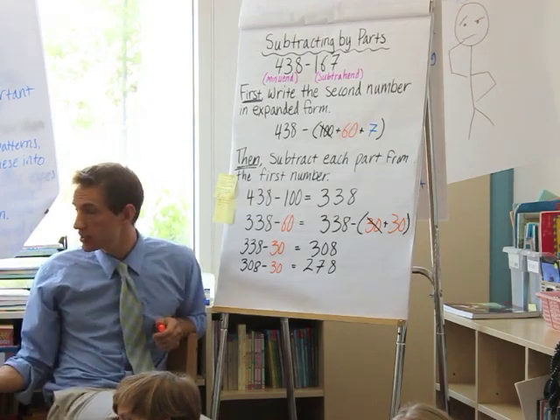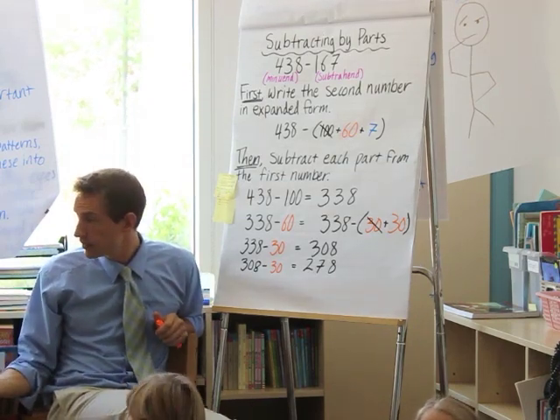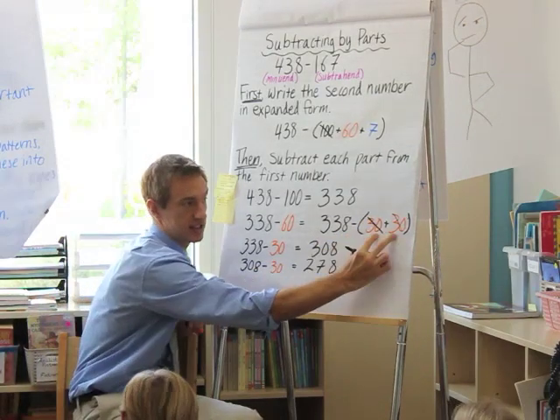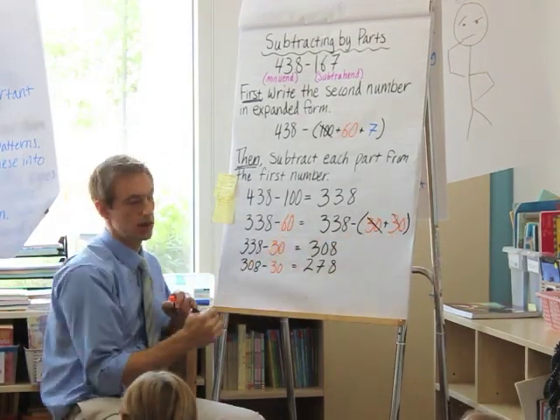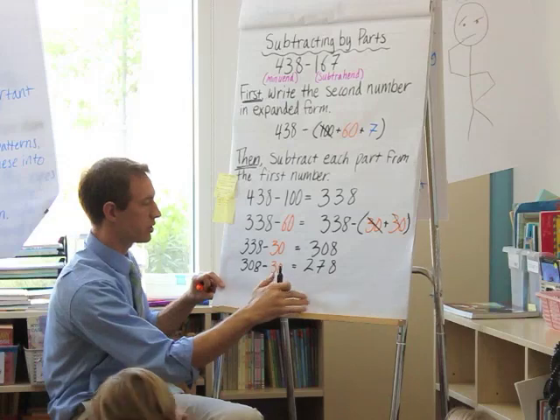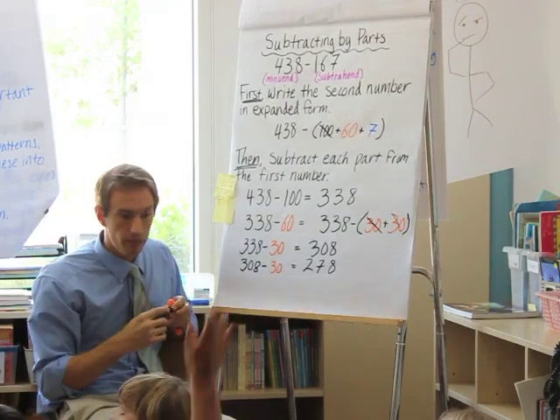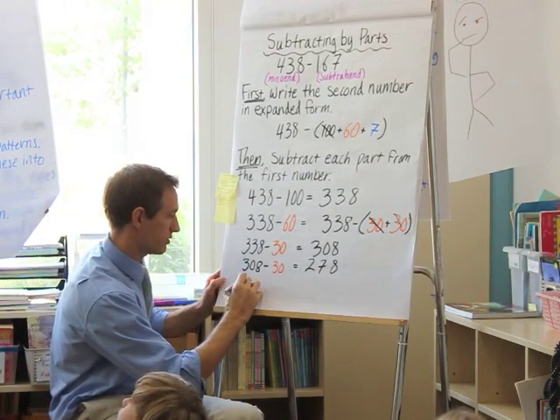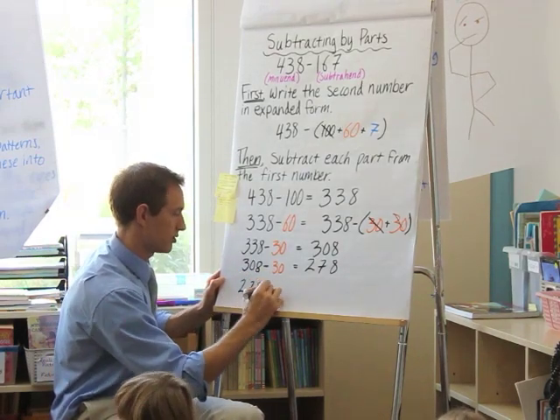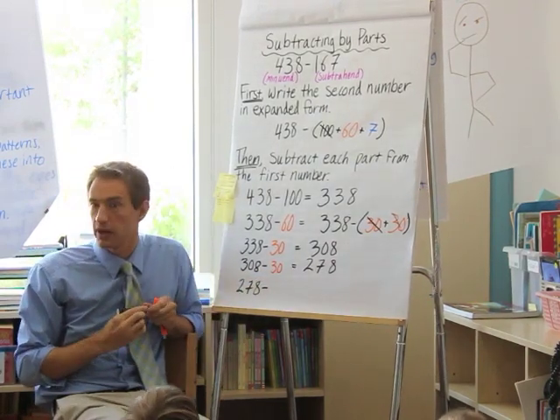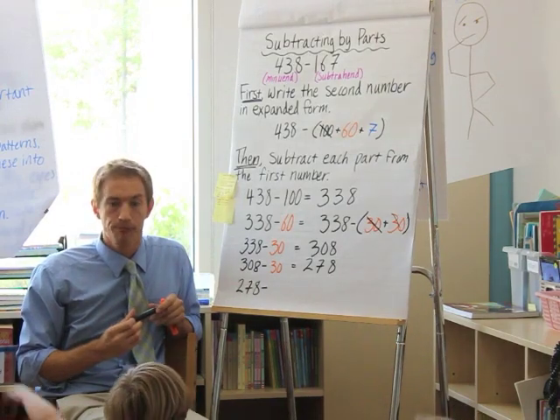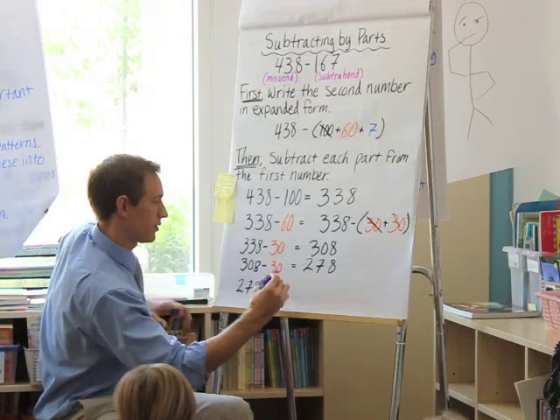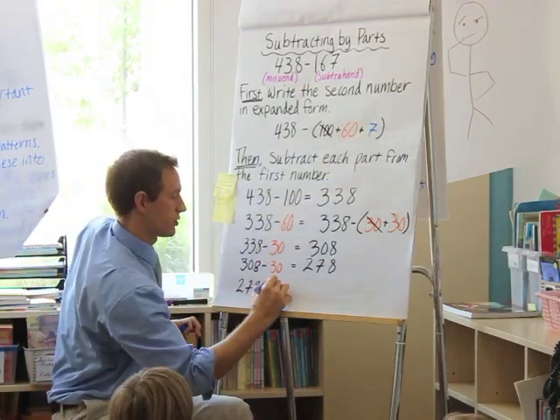Okay, now I'm going to continue. All right. I got 278. I took away my 60 right here. Now I am going to take away what? I bring the 278 down here. What am I going to take away now? Miss Aisha. Yes, the ones.